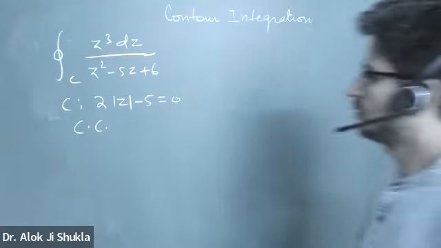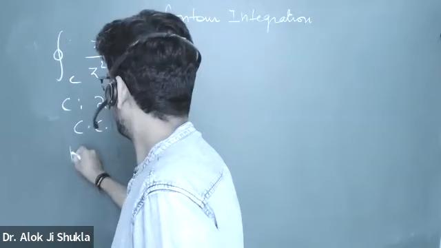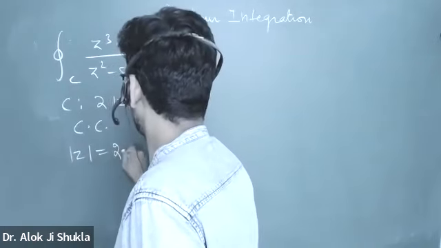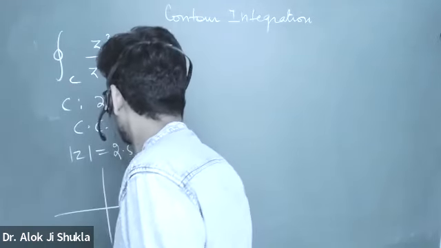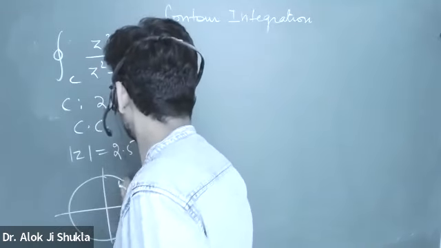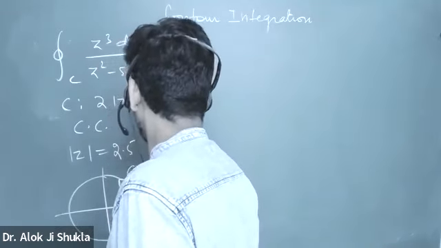So what is our contour? Mod z is 5 by 2, that is 2.5. That means it is like this, circle C of radius 2.5.